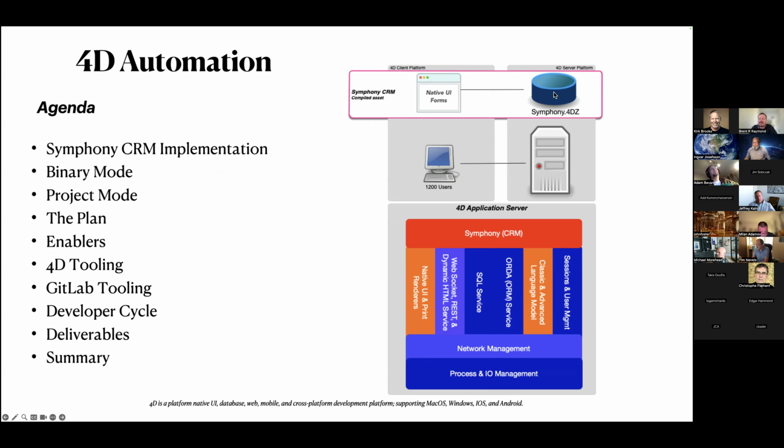There's lots of ways to configure 4D and use 4D, but in our context, we're going to develop an application and compile it down to one file called the 4DZ file. So that's our target, that's our goal, that's the thing that we want to produce as frequently as necessary and deploy.